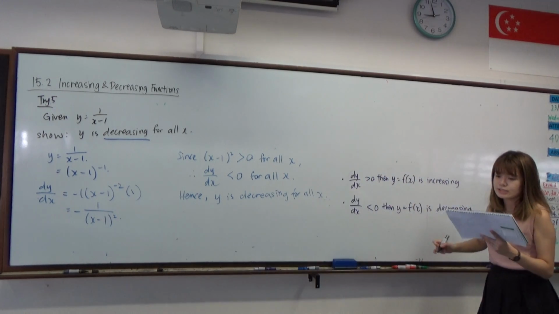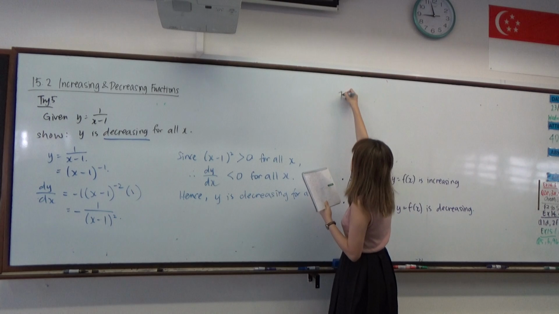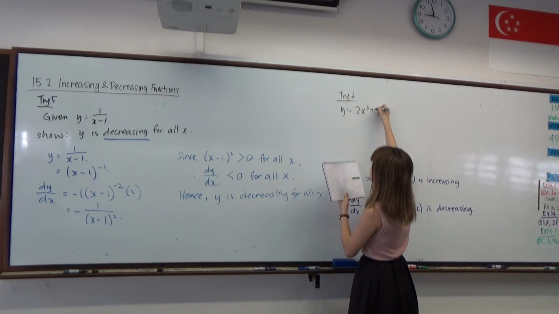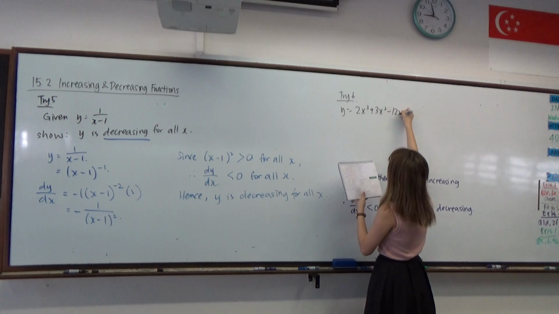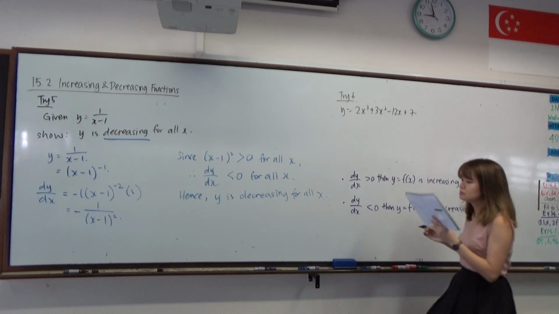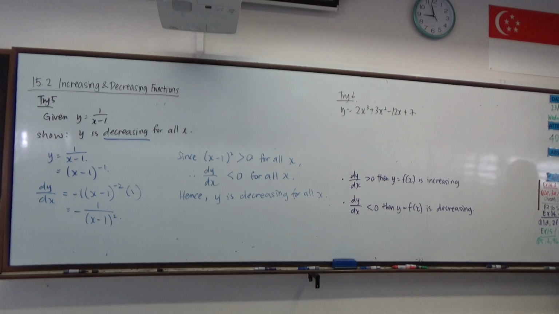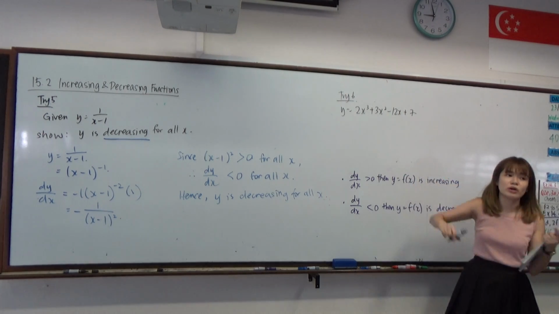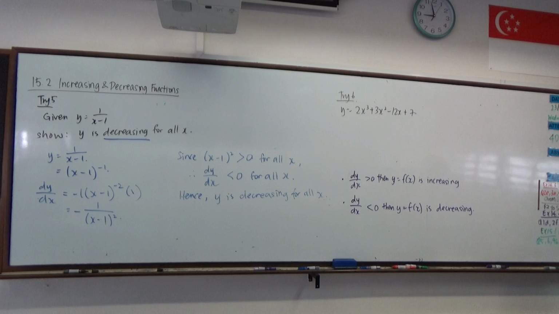Okay, let's look at try 6. Okay, we're given this function and we want to find the range of values of x for which y is actually increasing. So we want to find the exact interval whereby this is going to be increasing. Because actually if you are familiar, this is a cubic function.